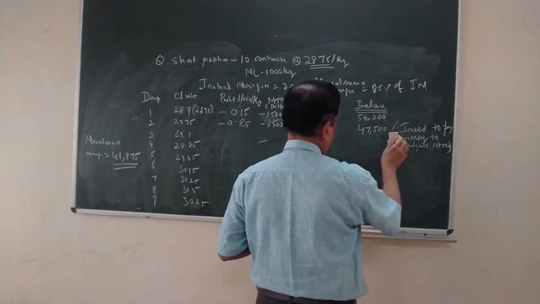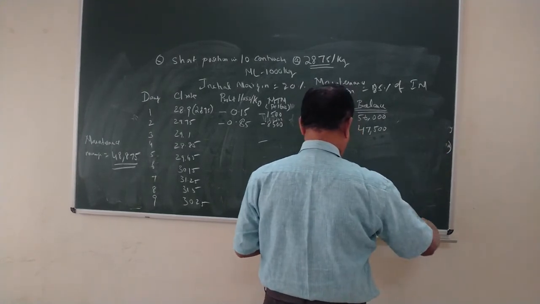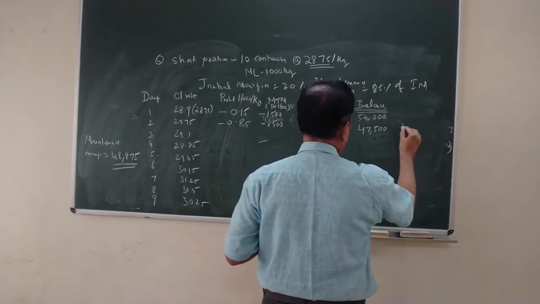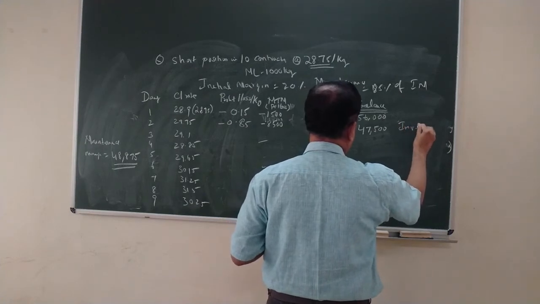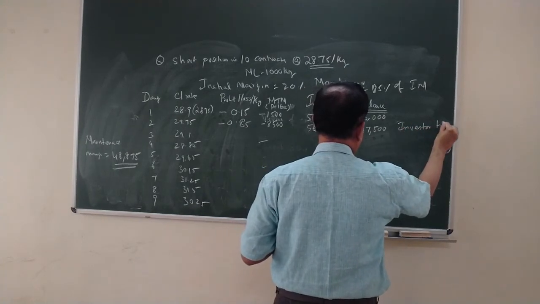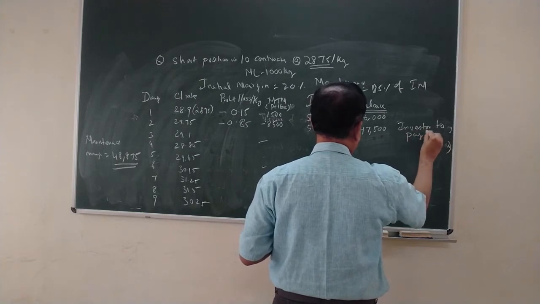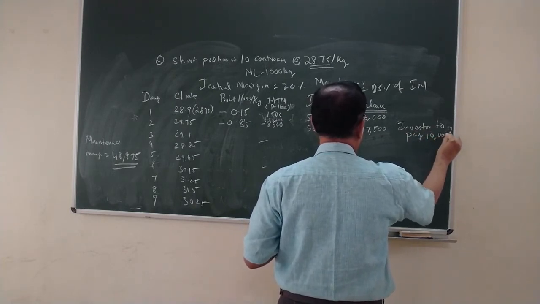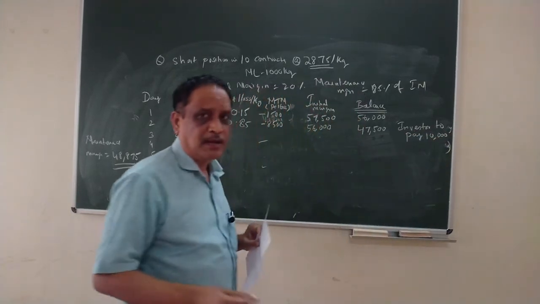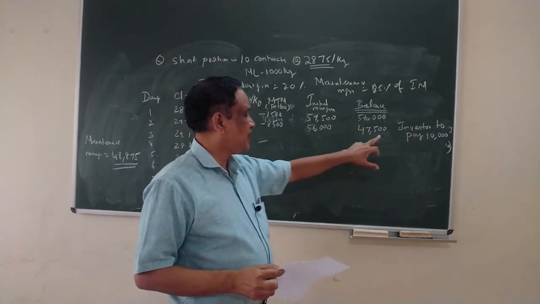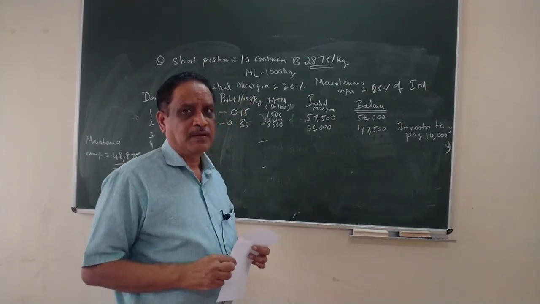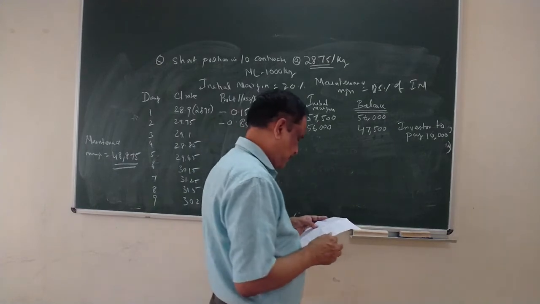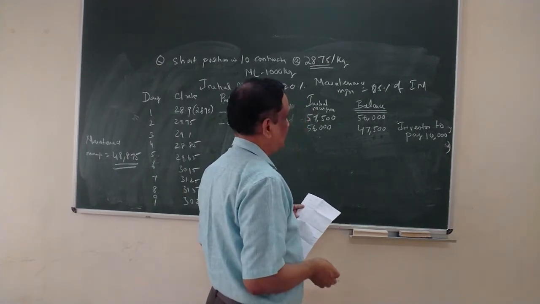The amount has become 47,500. The investor has to pay 10,000 to bring it to 57,500.